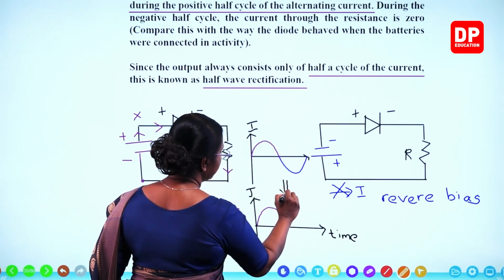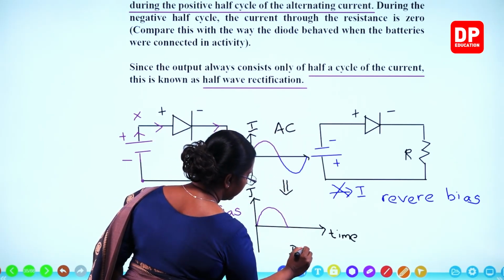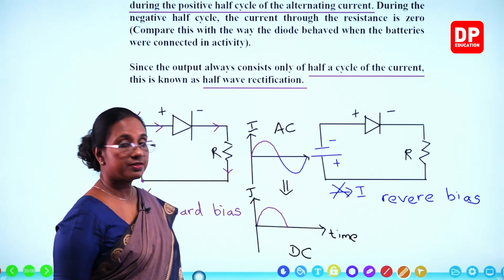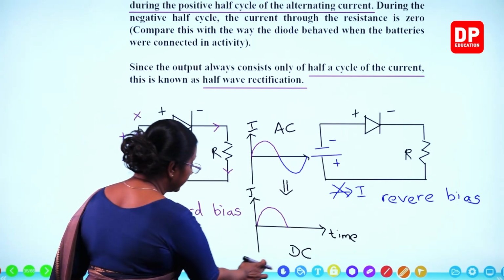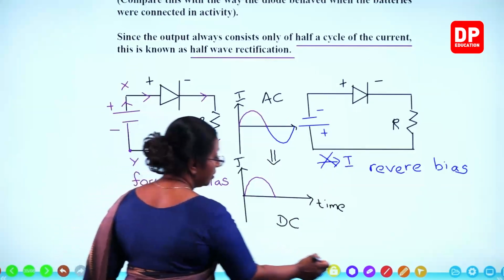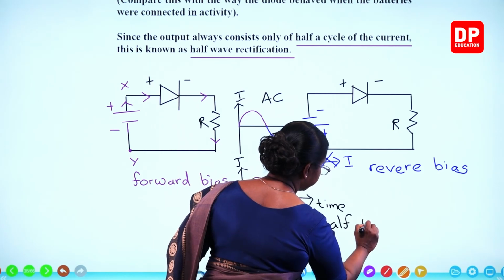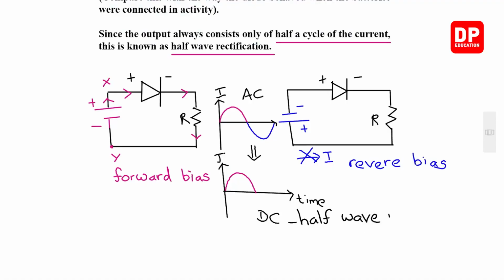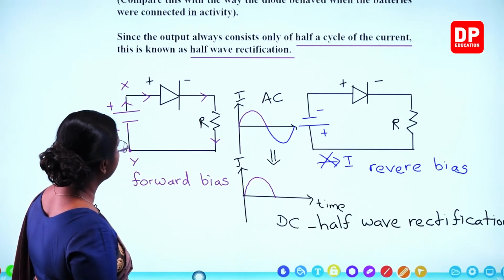So from there to here, alternate current becomes direct current. AC is alternate current, DC is direct current. But here what happens is only half wave rectification. Is that clear?